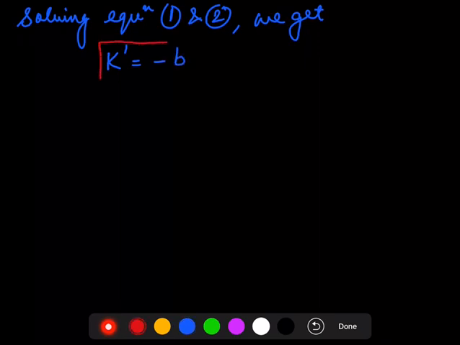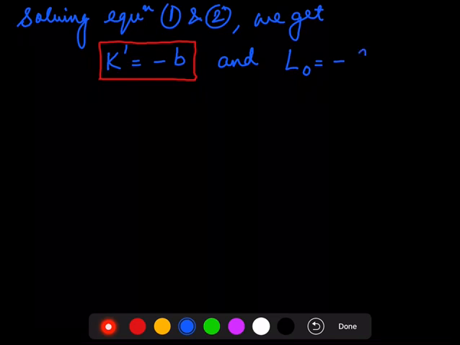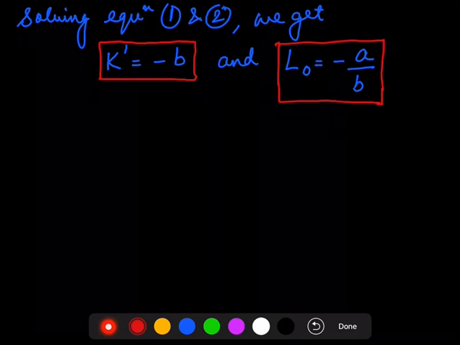This is one formula. And L naught equals to minus a by b. So this is another formula.